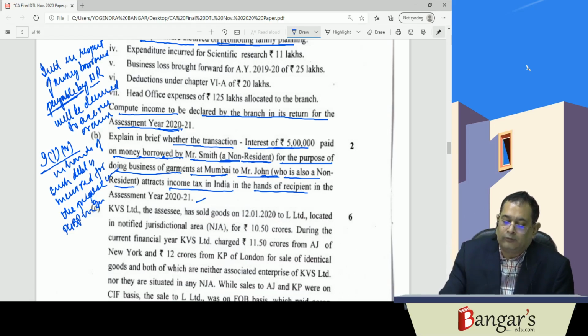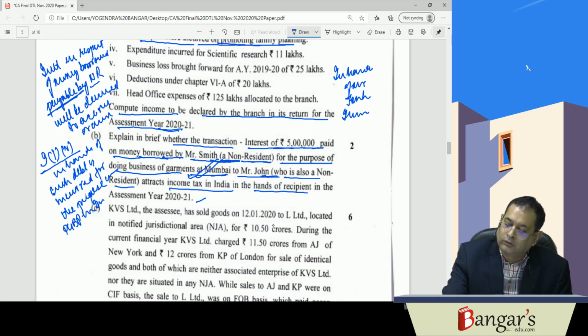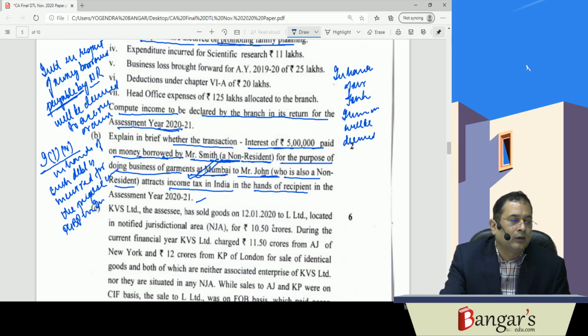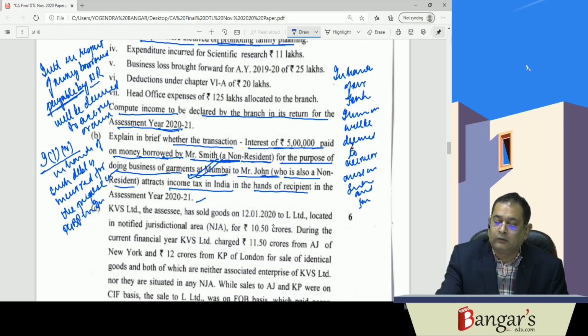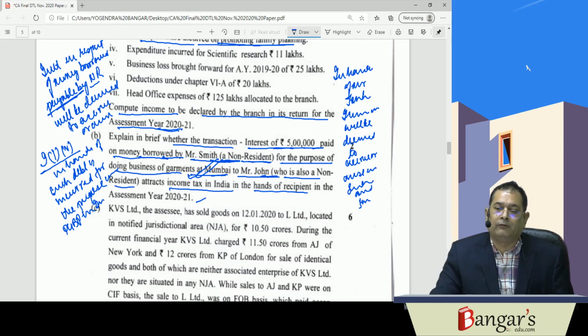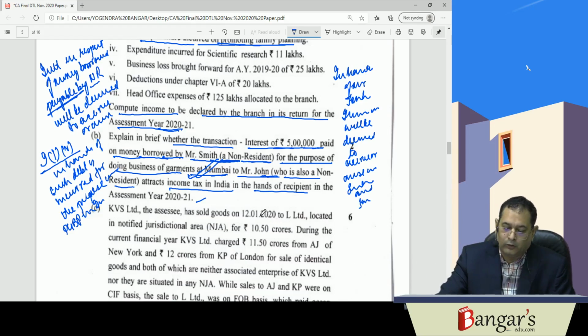Now, in this particular circumstance, this 5 lakh is paid on monies borrowed by Mr. Smith for the purpose of doing garment business in Mumbai. So in the hands of Mr. John, the income will be deemed to accrue or arise in India, and the same will be taxable in India. So this question relates to section 9(1)(v), when we discuss section 9, that is, income deemed to accrue or arise in India.